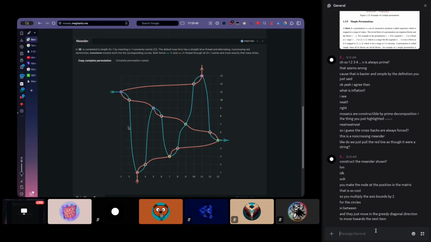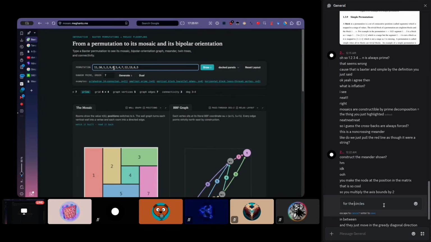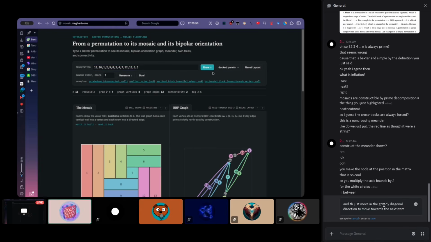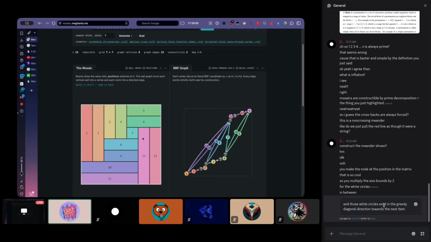And you can see this whole matrix, including the white dots, as another permutation that's not prime. So you can copy it and paste it in here and see the permutation. You can see that this is just the same permutation, but with all the rectangles doubled except the middle of the pinwheel.